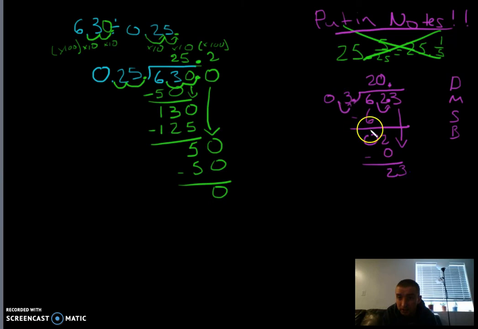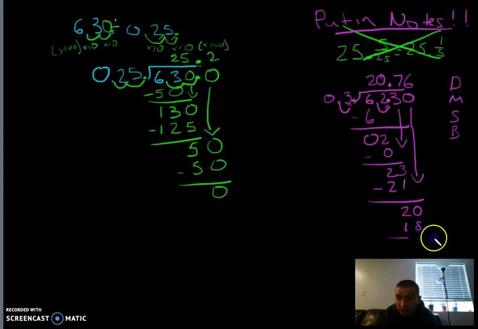How many times does 3 go into 23? 7 times 3 is 21. That leaves 2, and remember I can add a 0. Bring down my 0. How many times does 3 go into 20? 6 times 3 is 18.